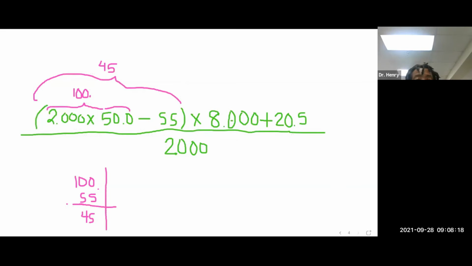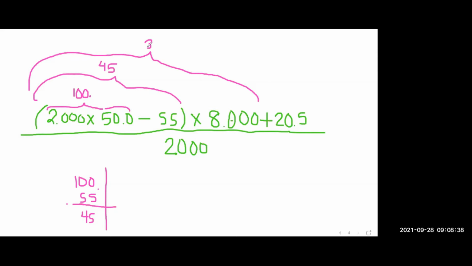So what is that? 3 something? 360, but because we only have 2 sig figs, it would be 36, right?